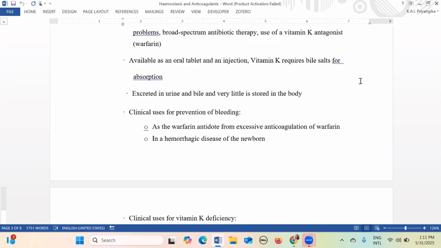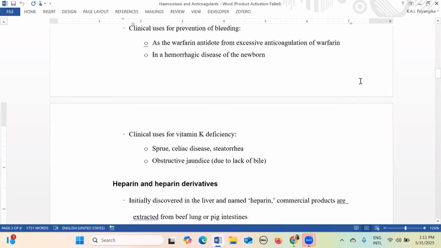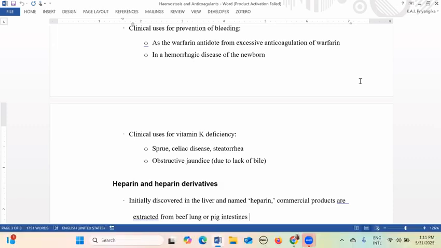When warfarin is given, if the anticoagulation happens excessively beyond what is expected, vitamin K is given as the antidote. Other clinical uses are hemorrhagic disease of the newborn, vitamin K deficiency, and obstructive jaundice. So now we have discussed vitamin K.